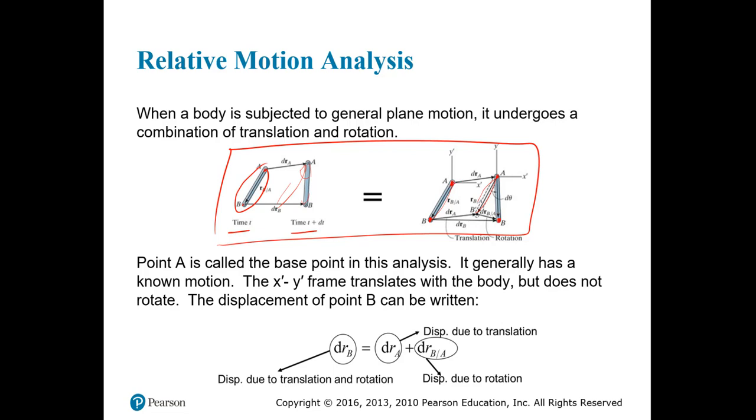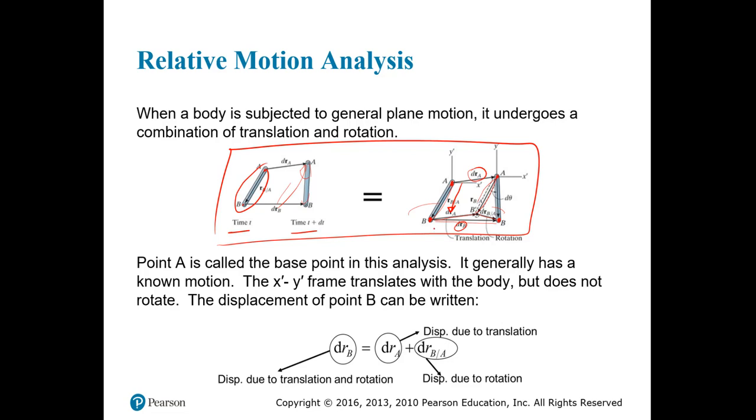If you draw a vector from the initial position to the final, you will get a small differential vector of position for A, and if you do the same thing for B, you will have a small differential vector of position for B. What is important here is that you can take this vector and translate it down here so you can form your triangle and get a relative position vector of B with respect to A.